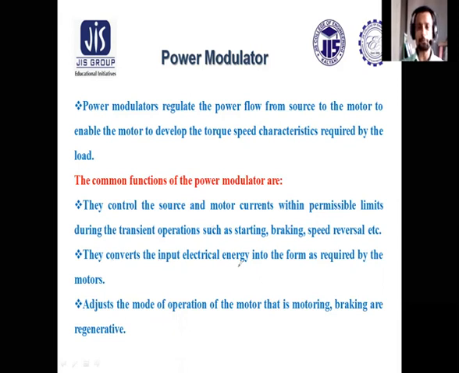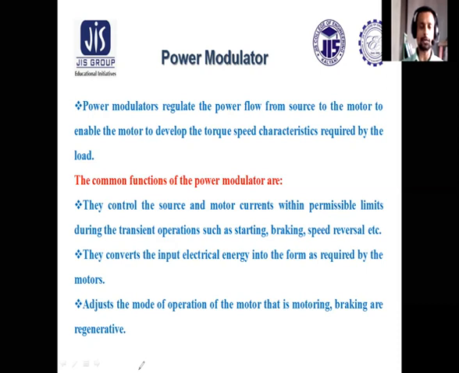They convert input electrical energy into the form required by the motor. As I already said, suppose you have a DC supply, but you want to get an AC motor to run. So what shall you do? You should place an inverter in the power modulator block.